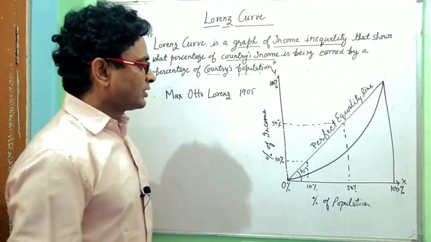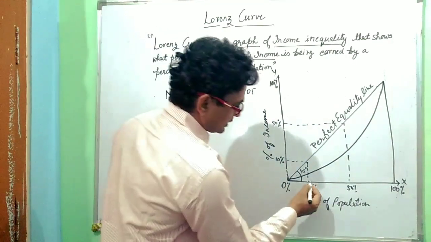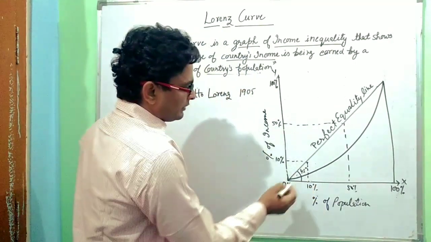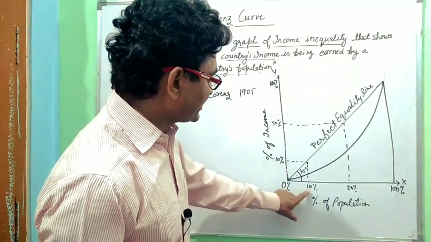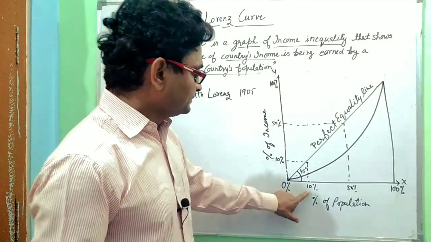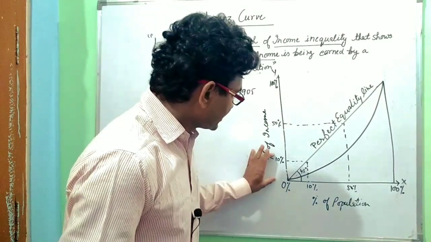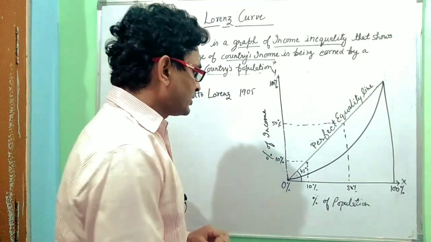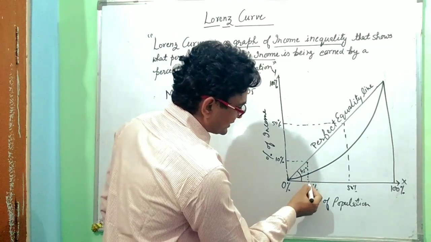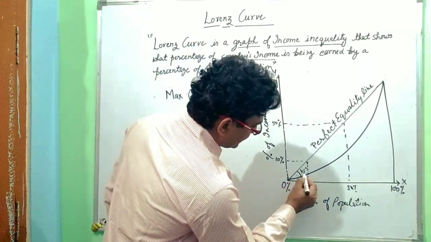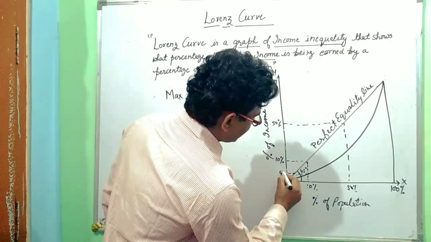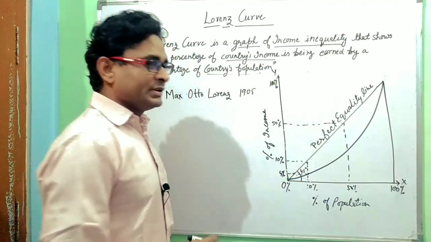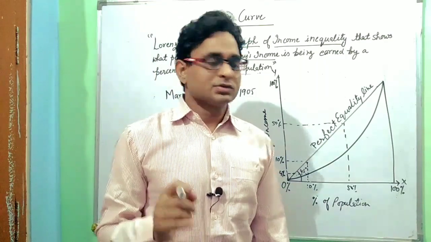If there is no inequality in the society, then 10% of the country's population has 10% share in the national income. But Lorenz curve actually shows that 10% of the country's population has only 4% share in the national income, which means there is inequality in the society.